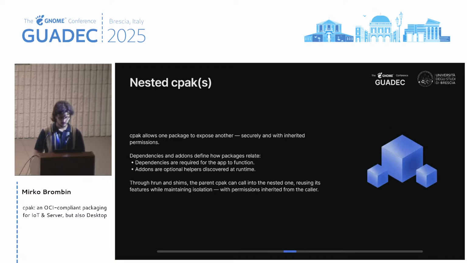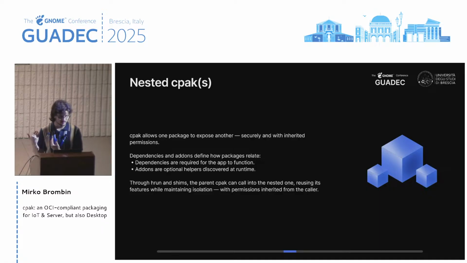We also have the ability to use nested cpaks. This is about dependencies and add-ons, as I said. Dependencies, like the example I did with VS Code and Git, but there are also add-ons. For example, when I use an IDE like VS Code, I could use Golang, I could use Rust, but I'm not going to install all of them.